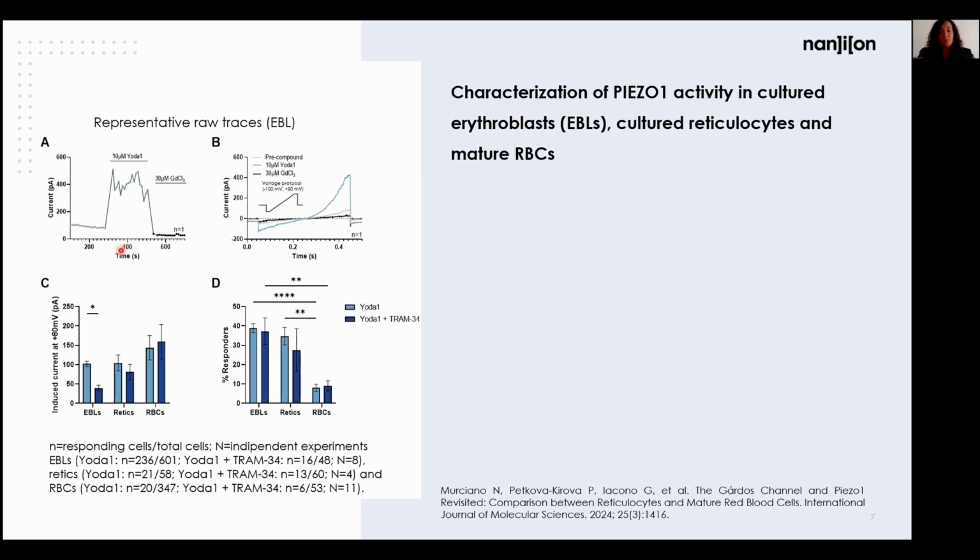Then we can see the jump of activation after the addition of 10 micromolar Yoda1, and then the block via 30 micromolar gadolinium chloride. Here we can see the ramp traces, because the voltage protocol applied was a ramp ranging from -100 millivolts to +80 millivolts. Same color legend, so pre-compound, Yoda1 and gadolinium chloride as blocker.